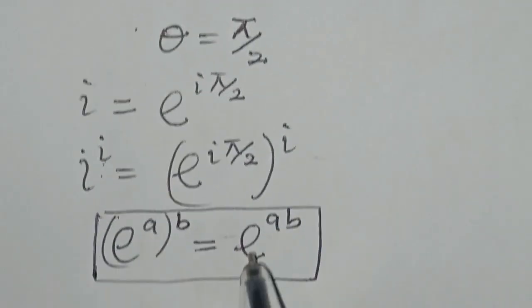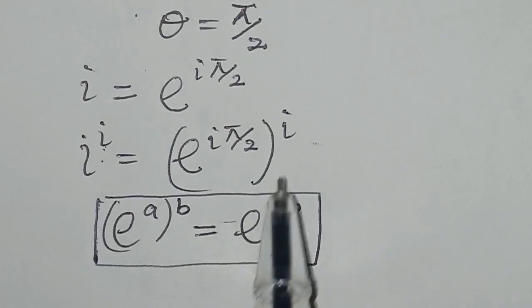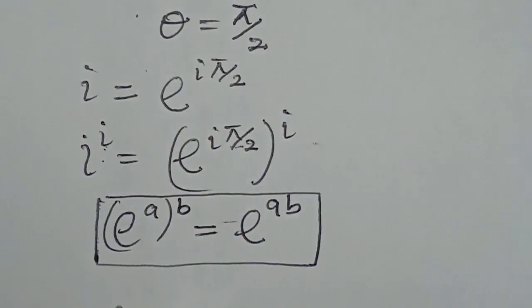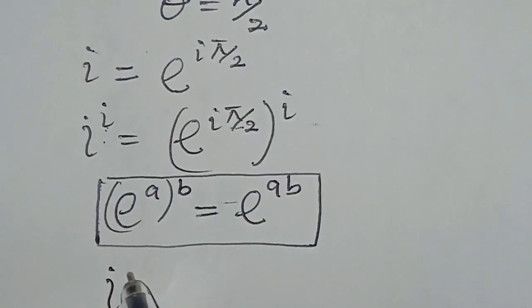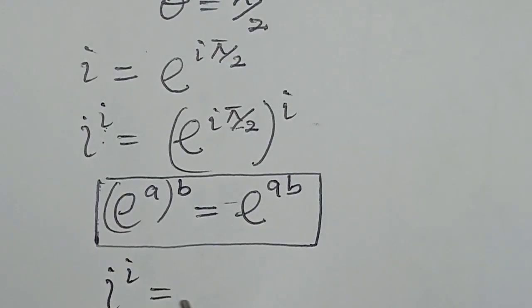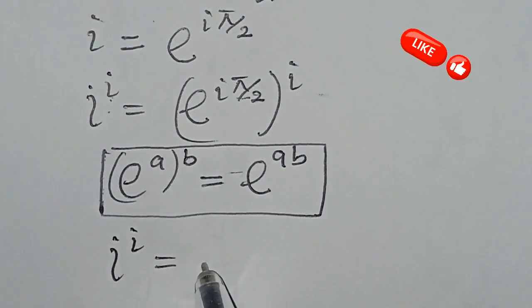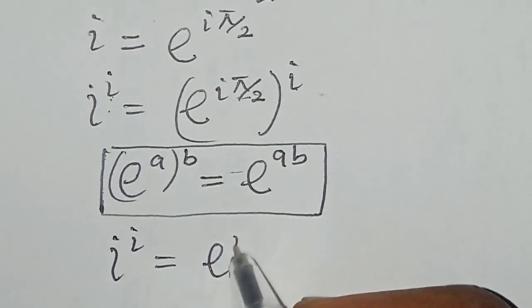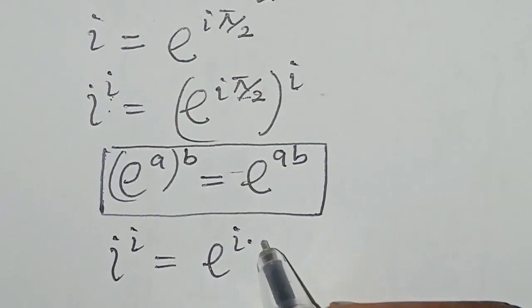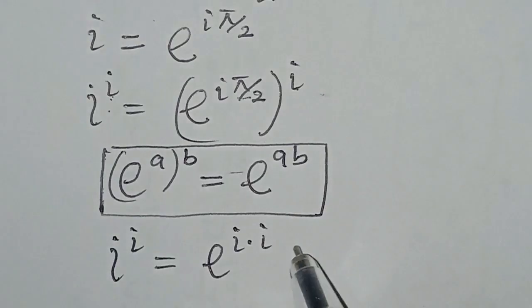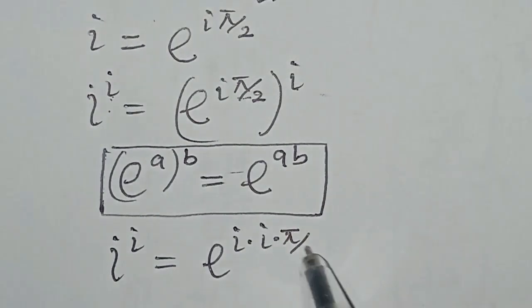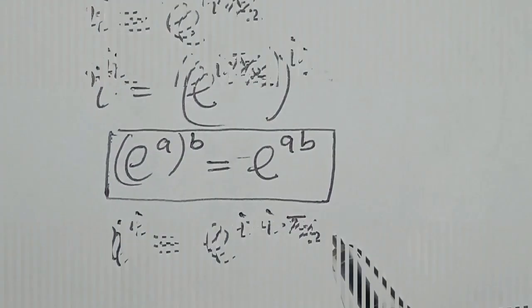So if we adopt this identity, then we can apply that to this part. So we now have i to the power of i is equal to e, we bring this i inside. We have to the power of i multiplied by i, then multiply by pi over 2.